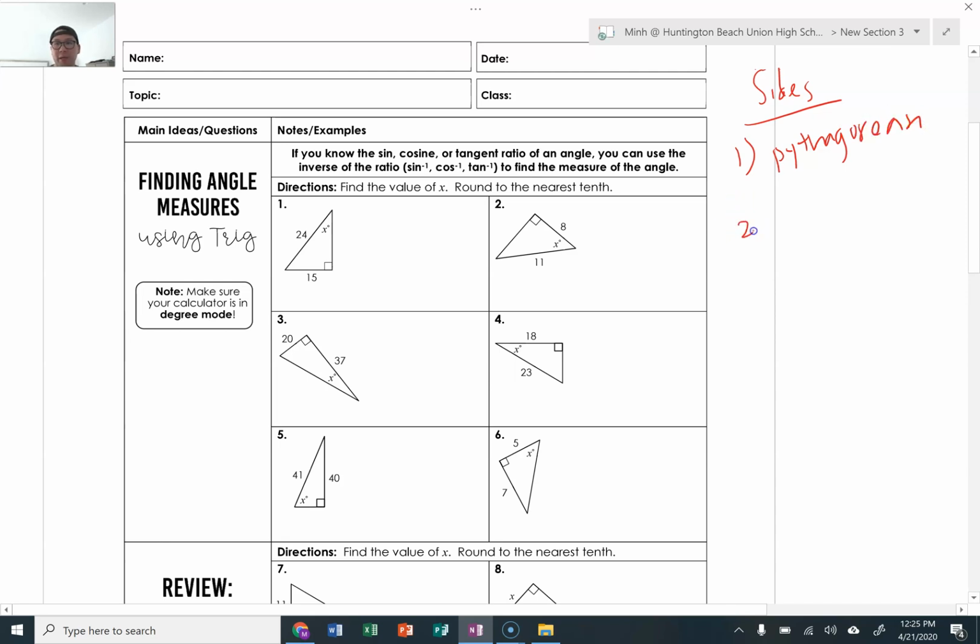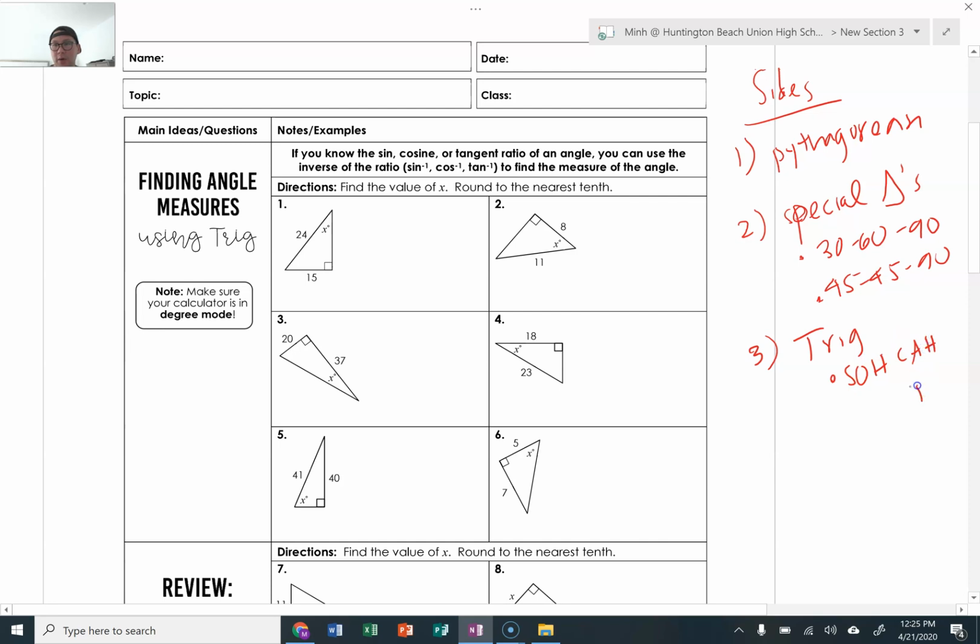If you have enough information, you're going to use special triangles, and that involves either 30-60-90 or 45-45-90. And then we learned trig, and that was just basically using SOH CAH TOA.